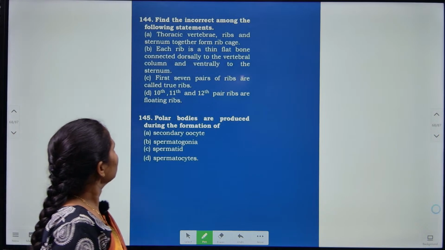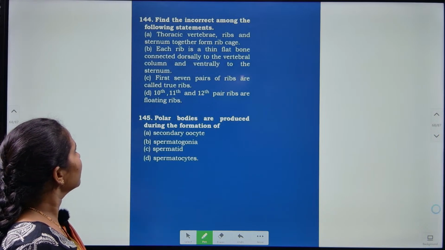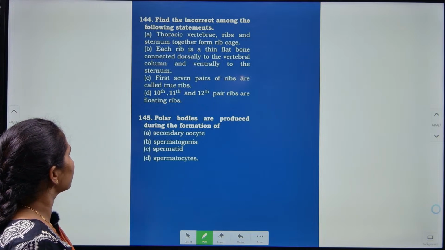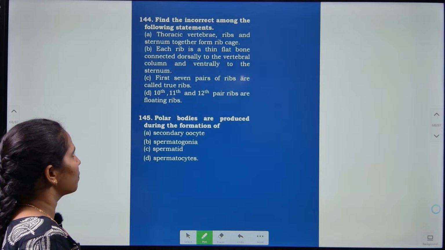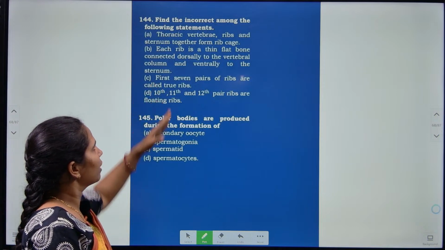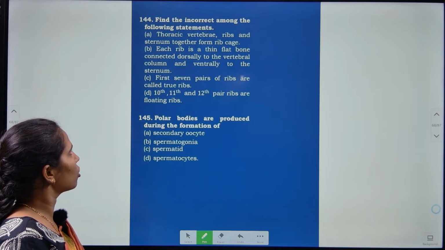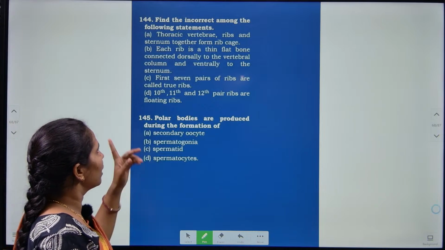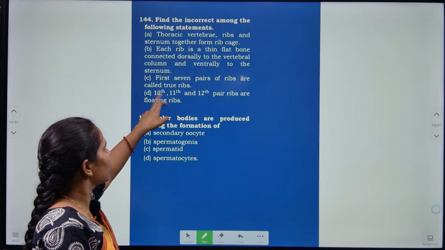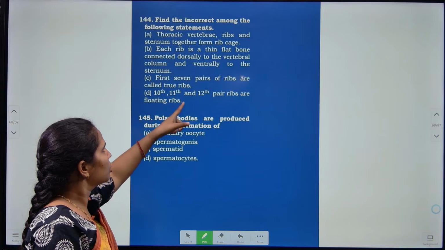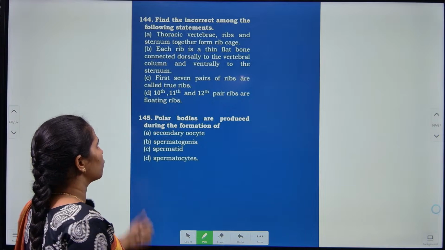Next. So, find the incorrect among the following statements here. Thoracic vertebrae, ribs and sternum together form the rib cage. Each rib is a thin, flat bone connected dorsally to the vertebral column and ventrally to the sternum here. First 7 pairs of ribs are called true. 10th, 11th, 12th pair of ribs are called floating here.